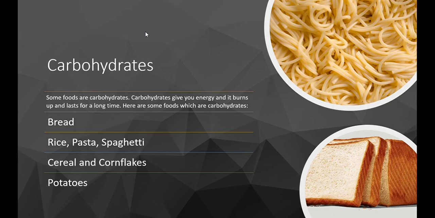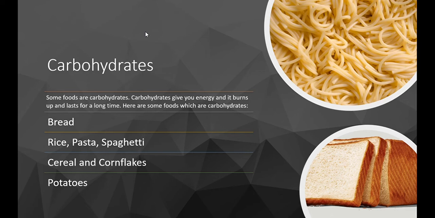Like in a graph, fats and oils go up quickly, then down quickly, while carbohydrates slowly go up and give you lots of energy, then go down, but there is still a lot of energy in store, so that's good for you.